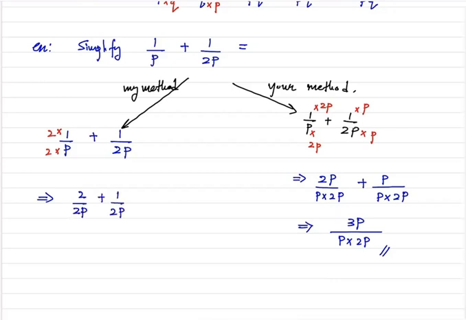Easy peasy. Then you can see the common denominator, 2P, 2P. That would be now 2P. In the numerator you have 2 and 1. When you add those together, 3. That would be the answer. Got it? Okay.